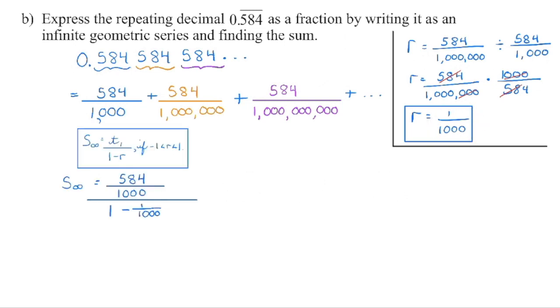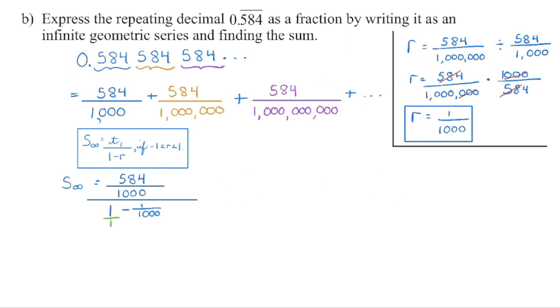So now what we can do is take our formula, because this will continue to infinity. This common ratio is between -1 and +1. So term 1 is that 584 thousandths over 1 minus our common ratio. So we need a common denominator here, and I can see that it's going to be 1,000. So mentally, I know I have 1,000 over 1,000.